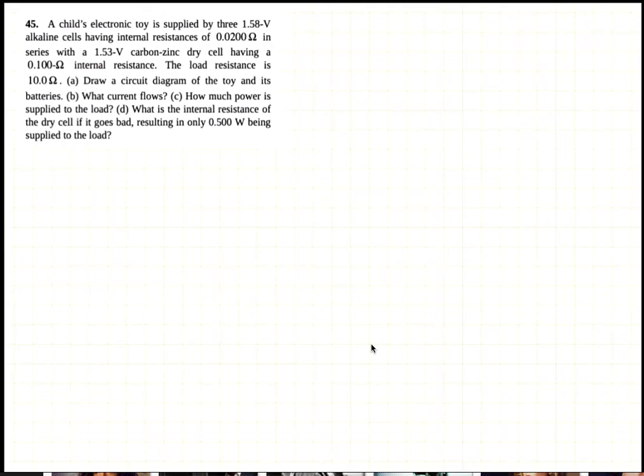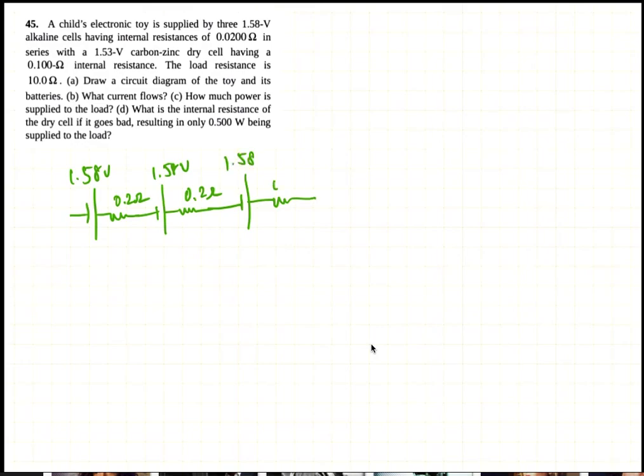Okay, so you have three 1.58 volt cells, each with an internal resistance of 0.02 ohms, and then in series with the 1.53 volt dry cell with an internal resistance of 0.1 ohm.